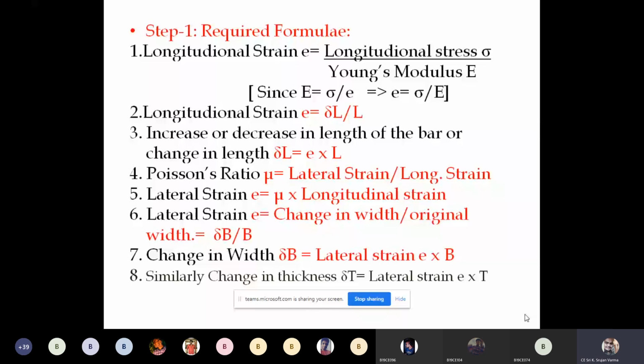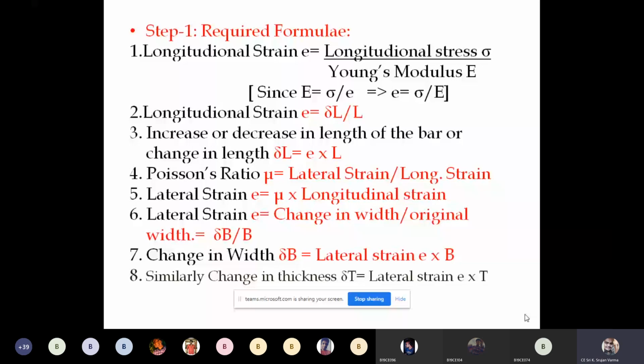See the first formula. Is the formula visible to you on the screen? Yes, sir. Longitudinal strain is represented as small e. I can write it as longitudinal stress divided by Young's modulus. I took the formula from Young's modulus.